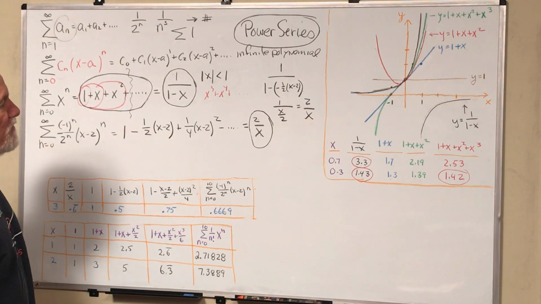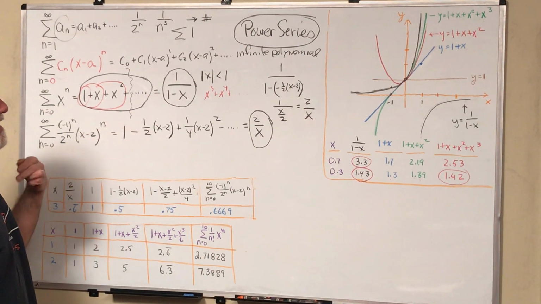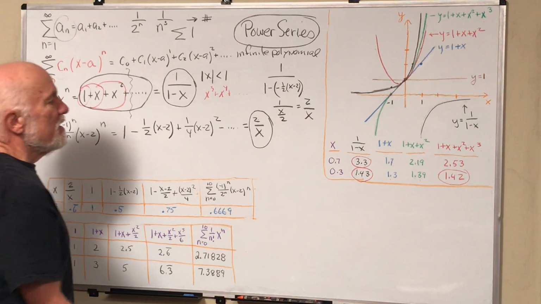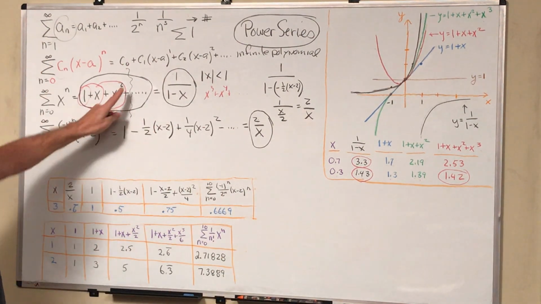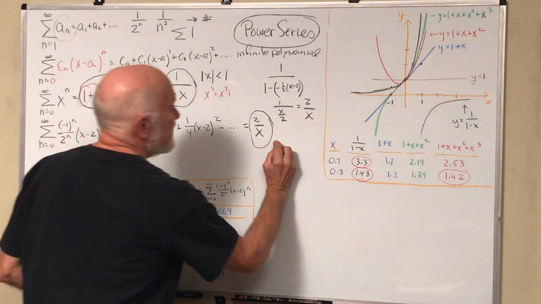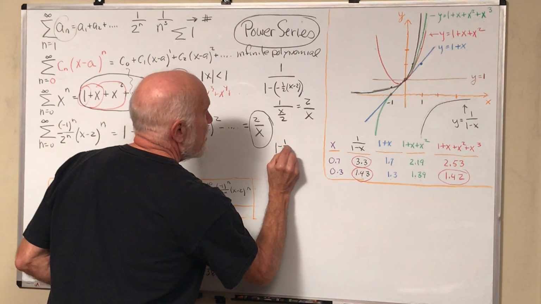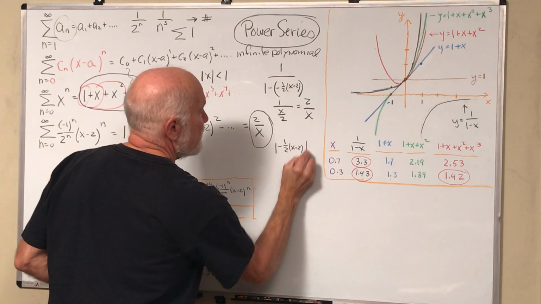Now, we could find out where this converges by saying it's going to converge wherever, similar to what we did up here, r is less than 1 in absolute value.